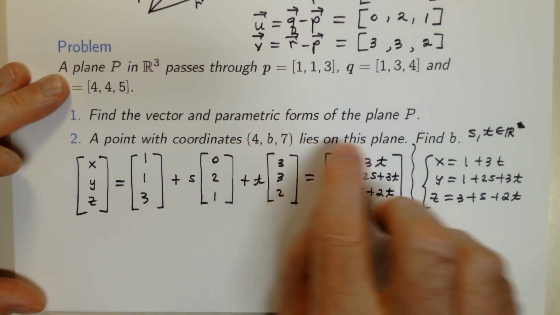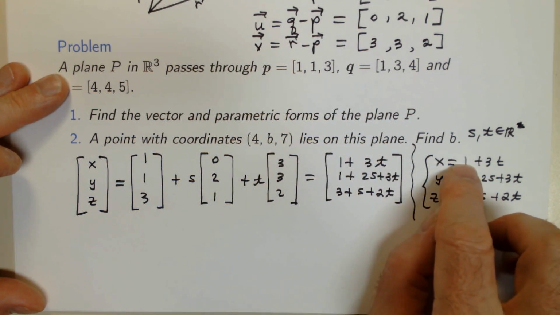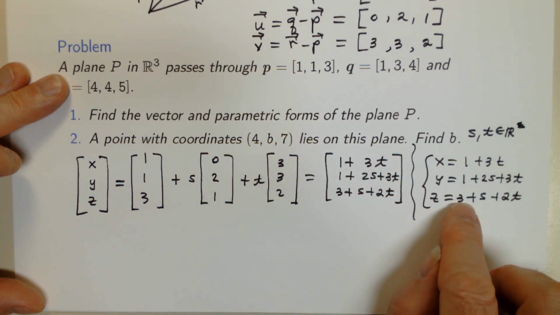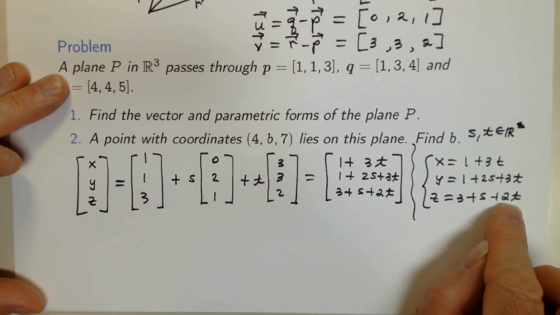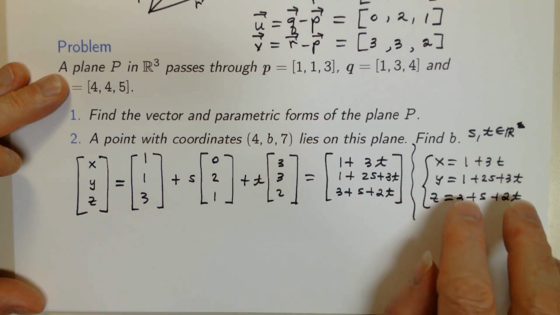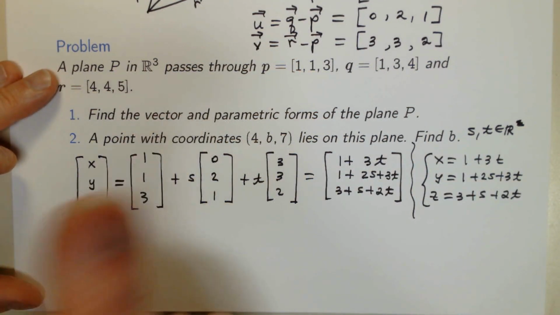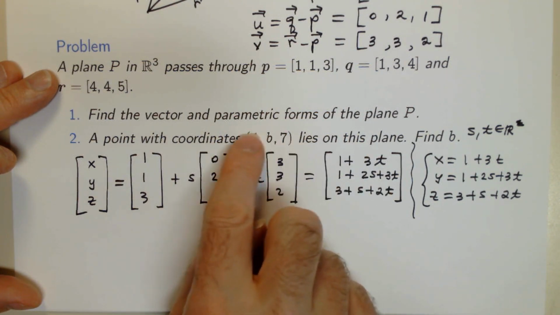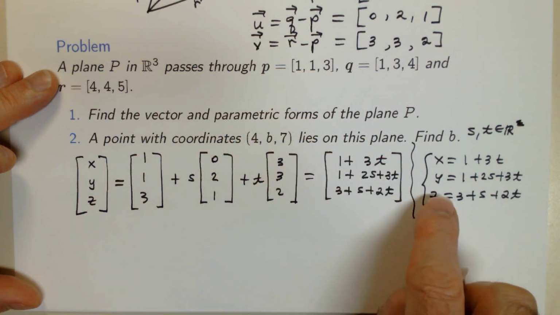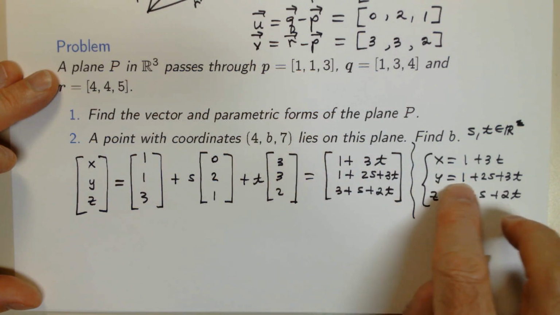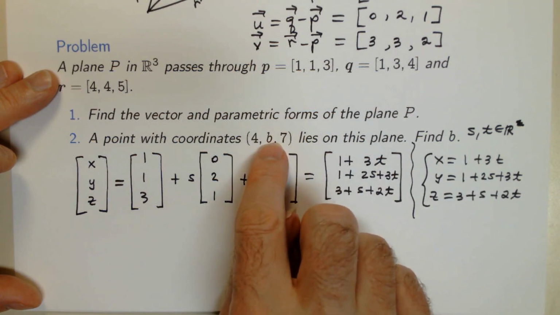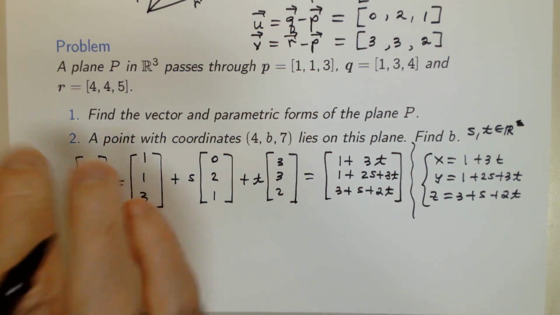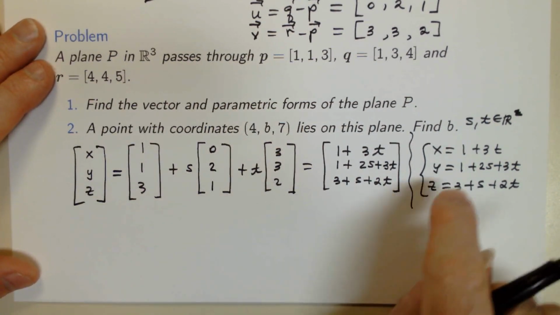I can equate the 4 with this x, so 4 can be equated with 1 plus 3t, and 7 can be equated with 3 plus s plus 2t, and using those two equations, we should be able to find s and t, the values of s and t that are specifying this point, and once we have those s and t values, we can come in and find the missing middle coordinate, which in this case would be this y coordinate. Okay, so let's just see what we're saying.